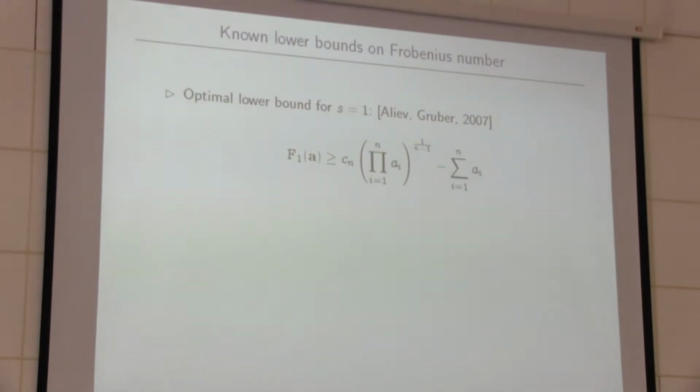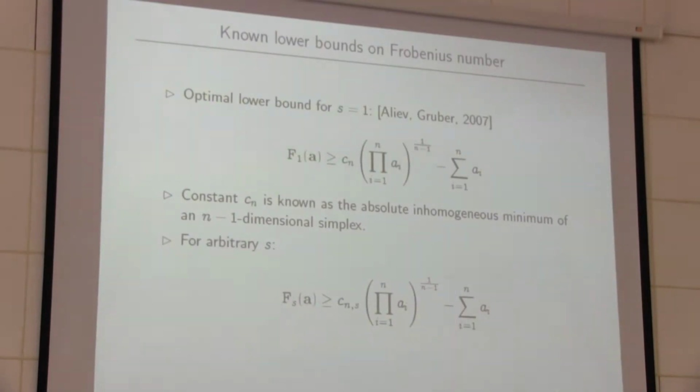The situation with lower bounds is very different. It turns out that one can find an optimal bound. I believe in 2007 I proved that the classical Frobenius number can be bounded from below by this expression on the right. Here, Cn is just a special constant of the geometry of numbers, which is called the absolute homogeneous minimum of an n-1 dimensional simplex.